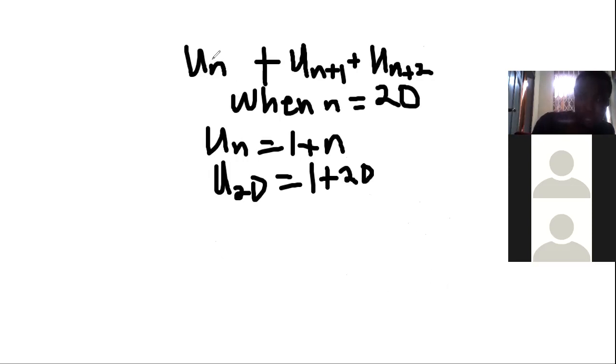When we finish, we come and add all, because the question is U n plus U n plus 1 plus U n plus 2. The first one we had to be 21. So we are going to get 21 plus 22 plus 23, which will give us 66.